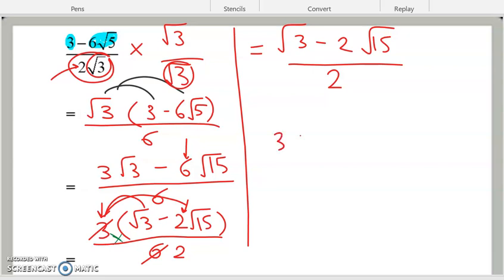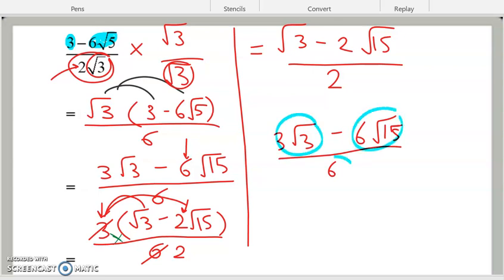The other way, if you feel like your maths is quite strong, is you can actually divide all the terms by 3. And the only time you can do that is if you have a common factor to all 3 terms. If the factor isn't common to all 3 terms, you can't use this method. So I can see that 3 goes into all 3 terms, so I'm going to divide them all by 3. If I divide this first term by 3, I get root 3.